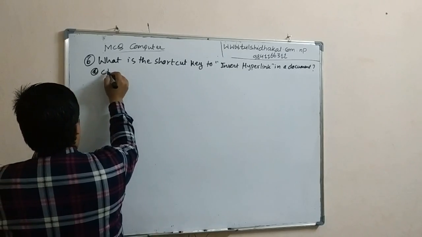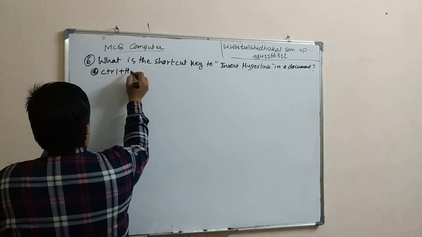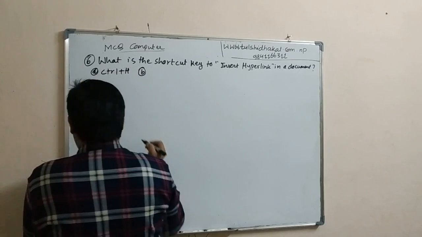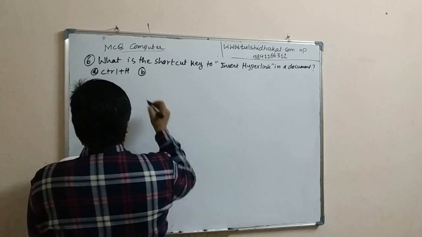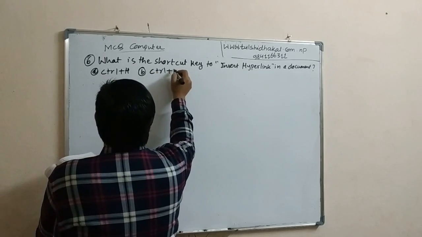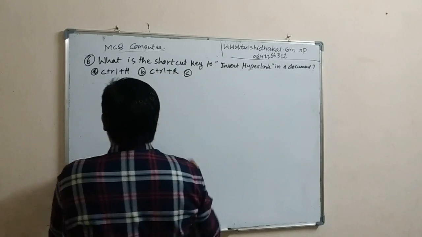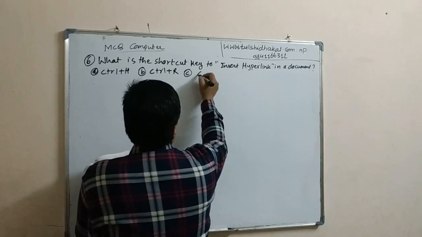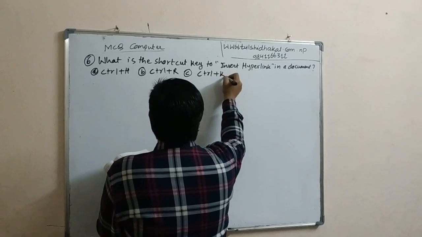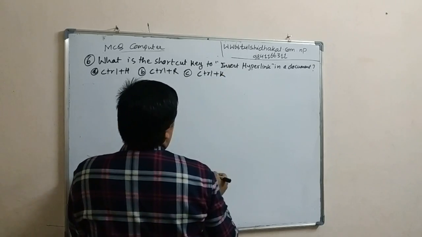Option number A, Control plus H. It is for replace. Control plus R. It is for right alignment. Control plus K. It is for hyperlink.